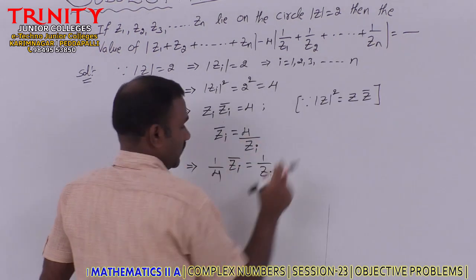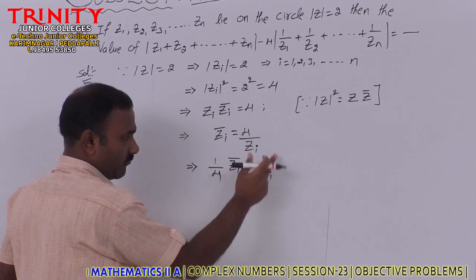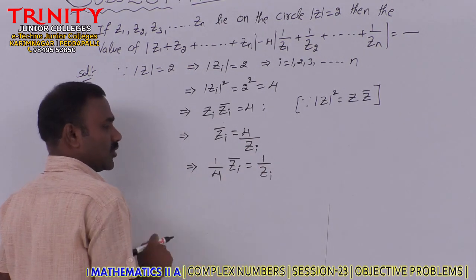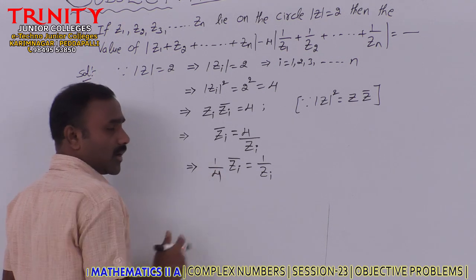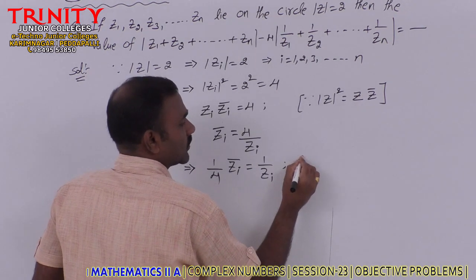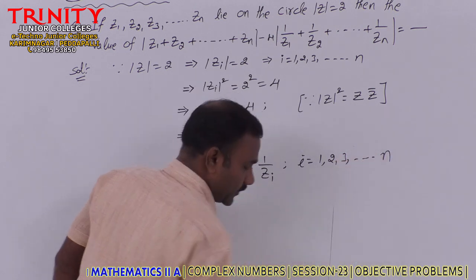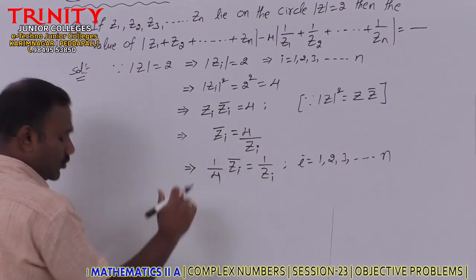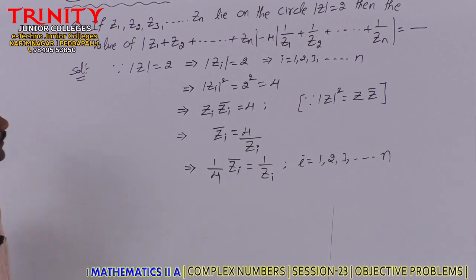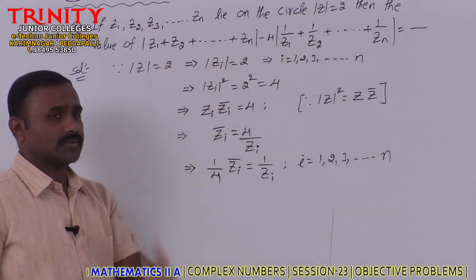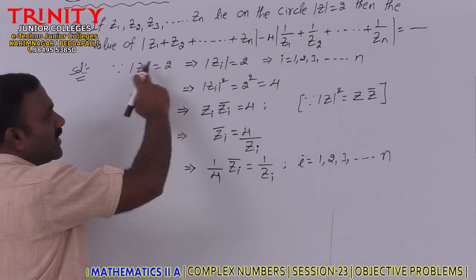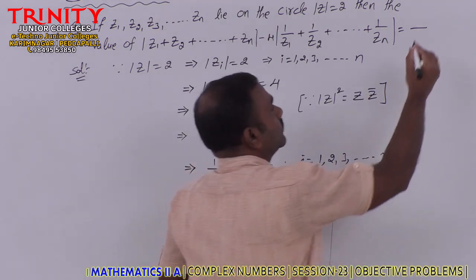When i is equal to n, 1 by Zn is equal to 1 by 4 Zn bar. Here the values of i are 1, 2, 3, so on n. Now by using this condition, we have to find this value. How to find the required value?